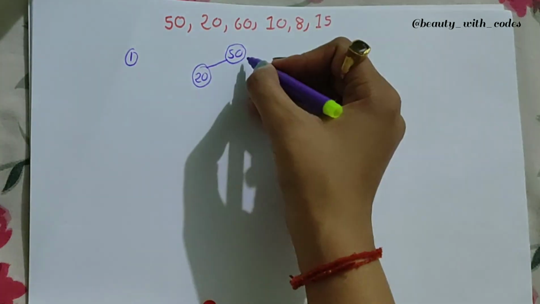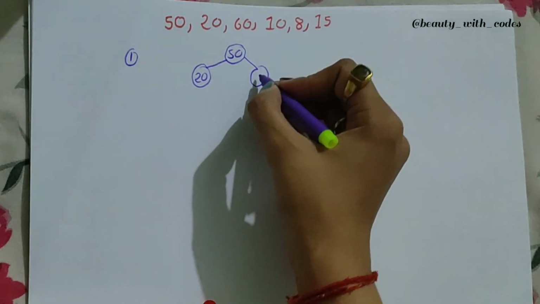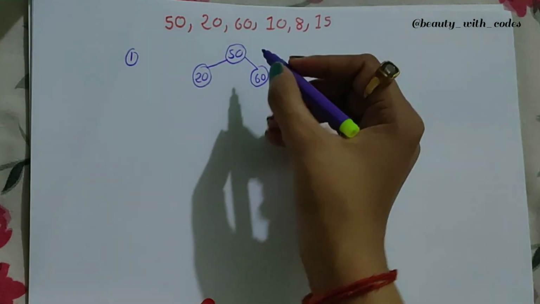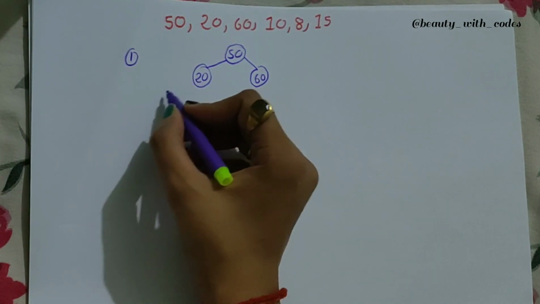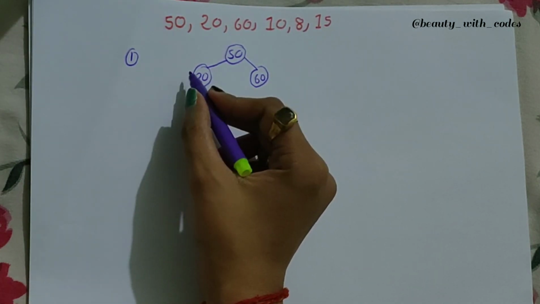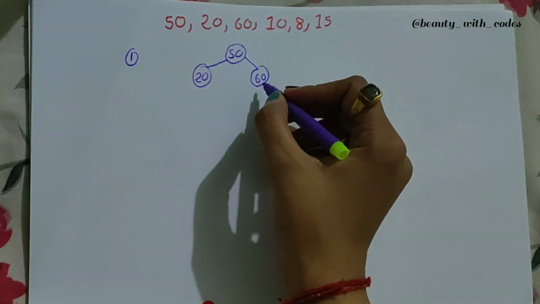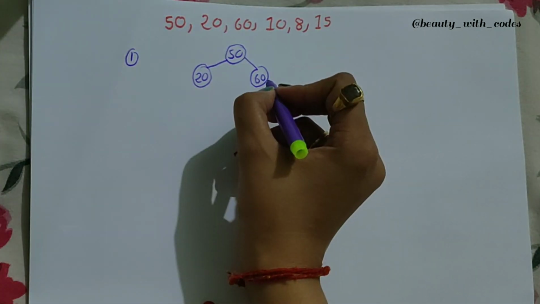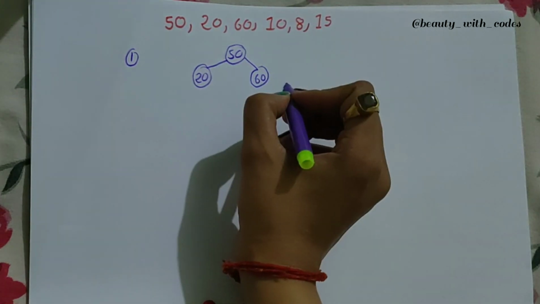And what about 60? Right subtree. Okay, so we inserted 3 elements in the tree. Now check the balance factor. So 20, left child 0, right child 0, balance factor is 0, fine. What about 60? Same, 0. What about 50? Left child 1, right child 1, balance factor 1 minus 1, 0, fine.